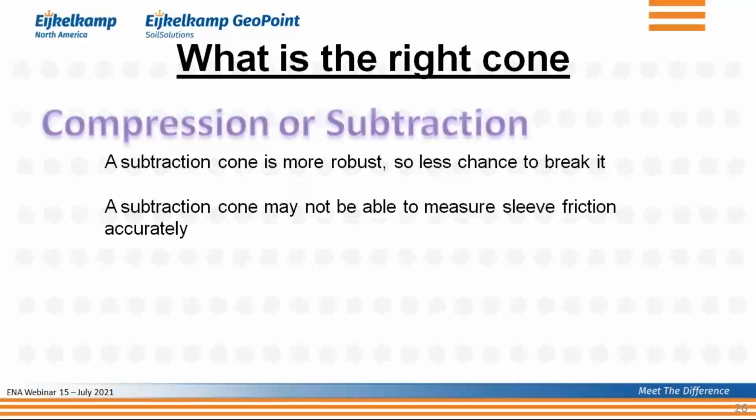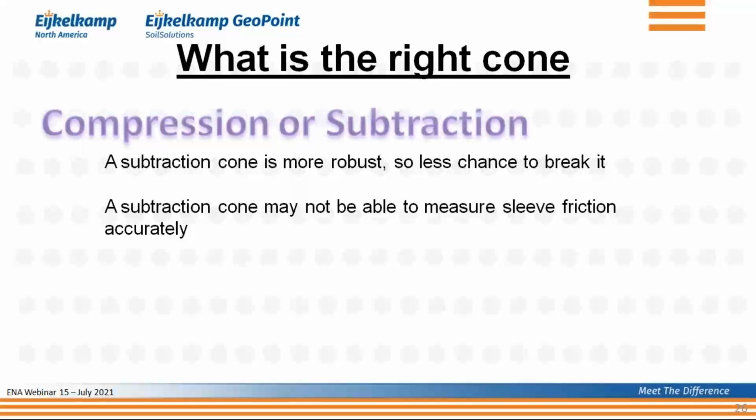Subtraction cone is more robust, just like a 15 centimeter square cone is more robust. So less chance to break the cone, therefore subtraction is a better choice. But it may not be able to measure the sleeve friction accurately. It's not an issue only of sensitivity, and you may not have the correct accuracy.